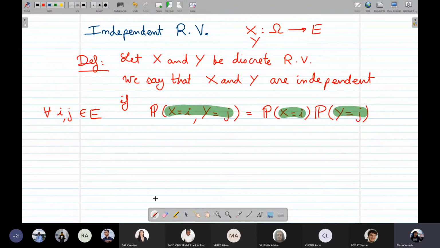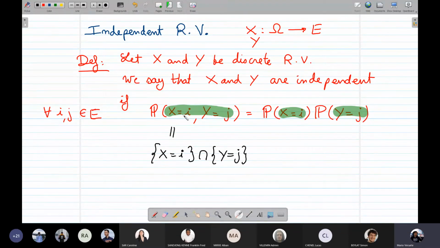Okay, so just to clarify, this is a shorthand notation. The comma here is a shorthand notation for the set x equals i intersected with y equals j. So this green thing here is the same as this black one here.